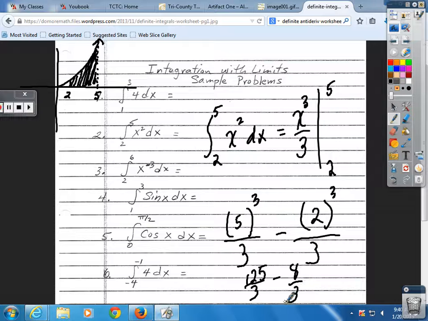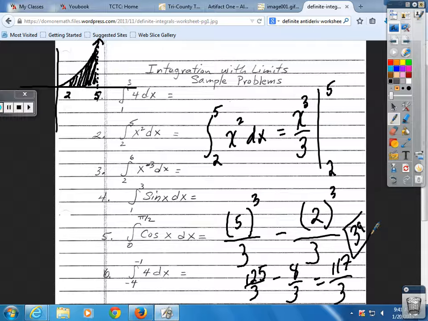What's 125 minus 8? 117? Y'all check my math. Now you can change it to 39 even. So 39 square feet, 39 square millimeters, 39 square units under that curve.